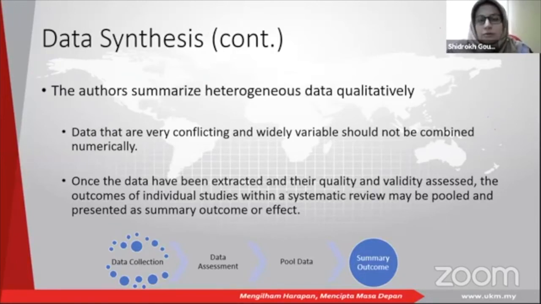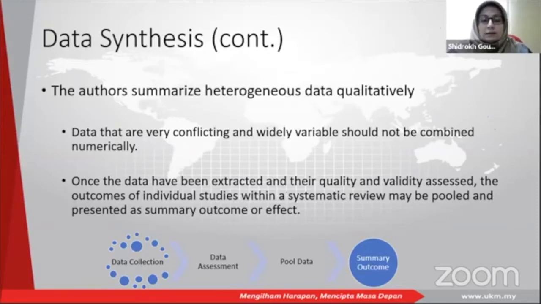Until now, from the step of data collection to data synthesis, we have three steps. After data collection, we have data assessment, and then we have pooling of data. In this synthesis section, we want to prepare a summary output.